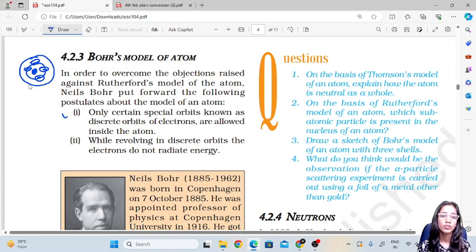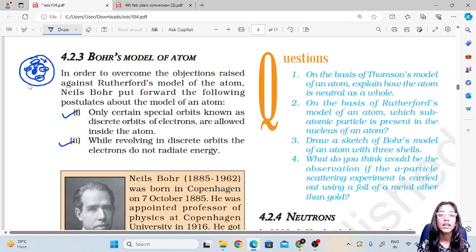The first postulate says that, and the second postulate is like the continuation of the first one. It says that while revolving in the discrete orbit, they do not radiate energy. So if they are revolving in discrete orbits, they will not radiate energy. But in case of Rutherford model, there was no discrete orbit. They were just revolving around the nucleus.